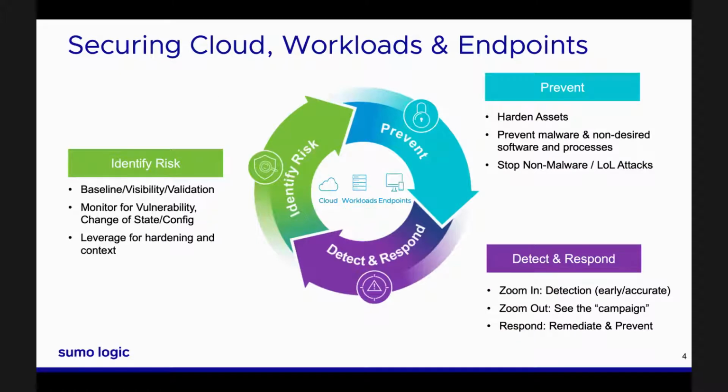We do that through 3 phases: identify risk, prevent, and detect and respond. By identifying risk, we are looking at all endpoint activity. That's going to be all file creation, deletion, modification, network activity, registry changes, and so on. We look at all of that information and start to correlate it with the other endpoint activity.